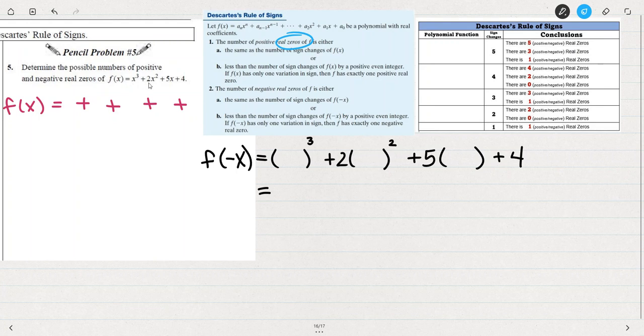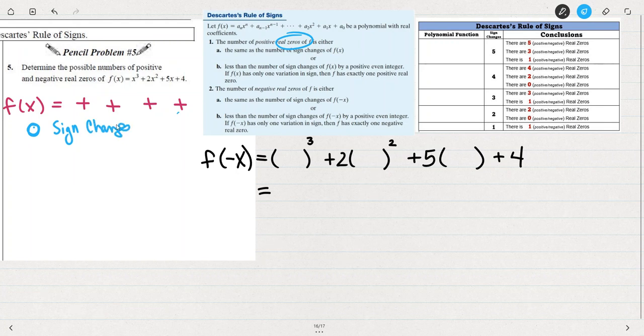We have x cubed, 2x squared, 5x, and 4. Those are all positive. So it's a positive, positive, positive, positive. This is almost a trick question, but how many times did the sign change from positive to negative or negative to positive? The answer is that there were 0 sign changes.